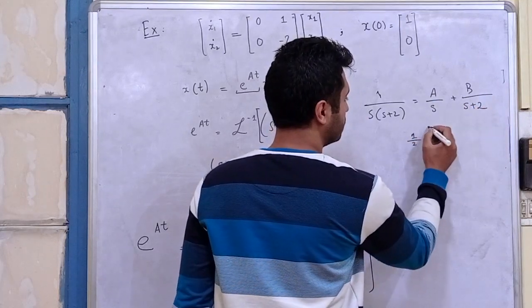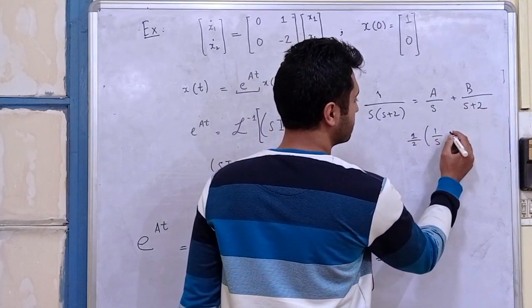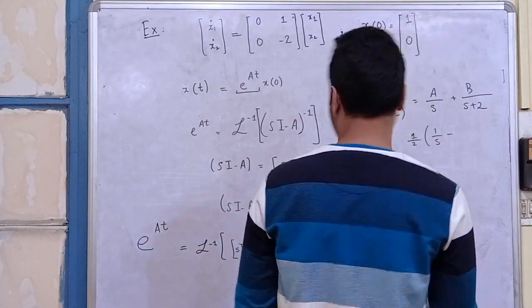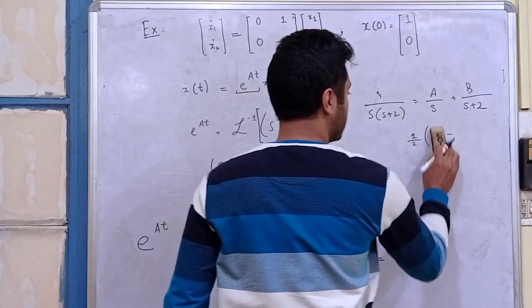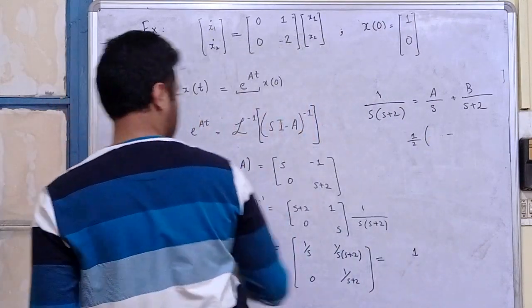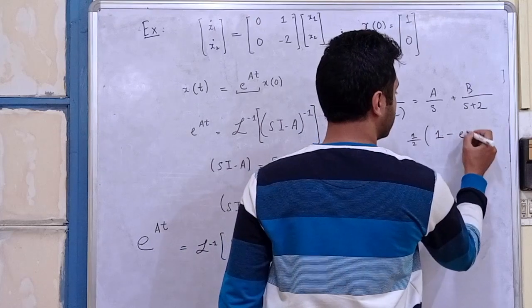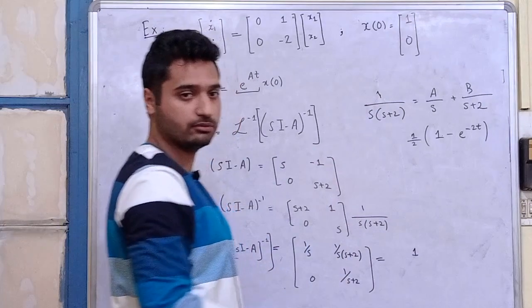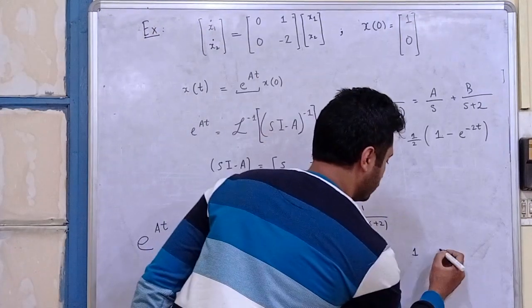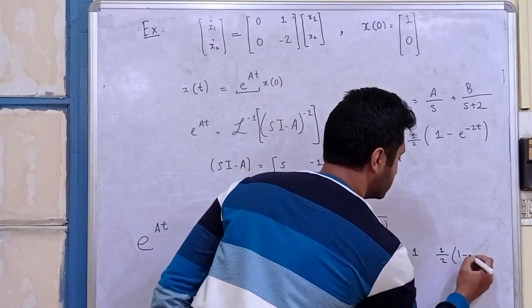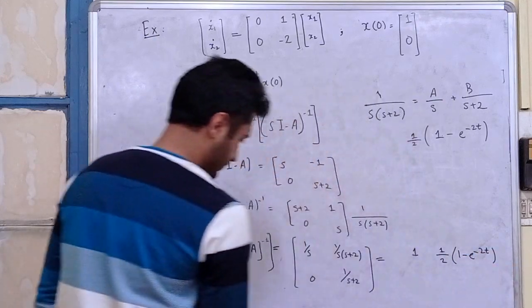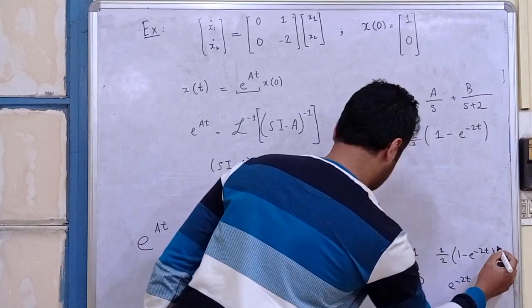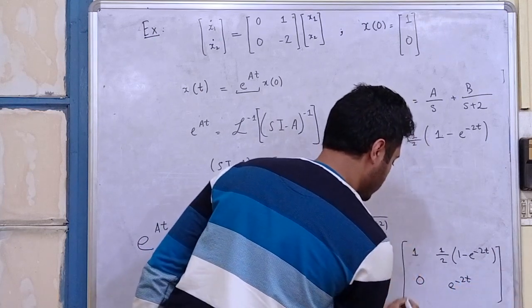It will be 1 over 2, 1 by s minus 1 by s plus 2. So 1 by 2 times 1 minus e to the power minus 2t. ये आएगा ना partial fraction से, A 1 by 2, B minus 1 by 2. इसका तो 0 ही है और इसका आएगा e to the power minus 2t. This is your e to the power At matrix.